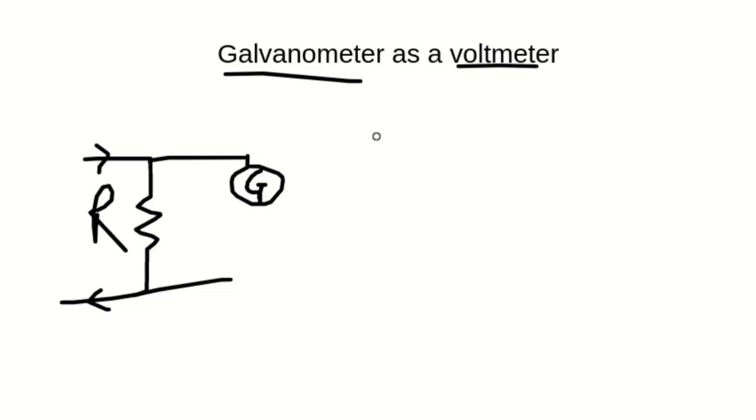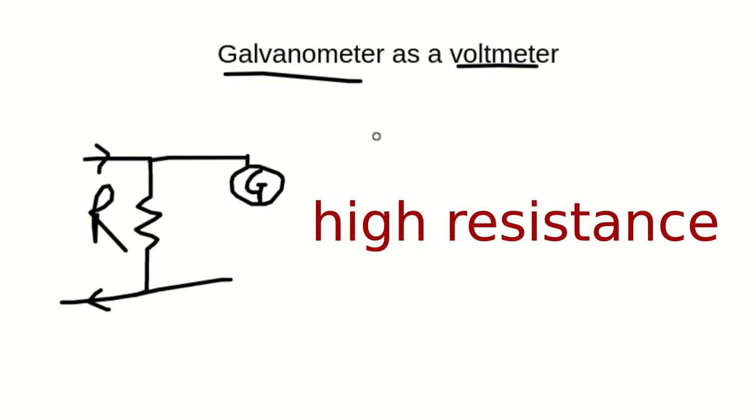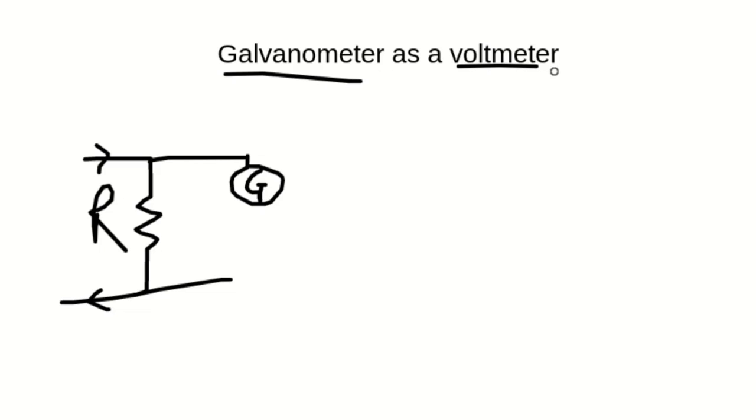Then the second point is the resistance should be as high as possible. Ideally, the resistance of voltmeter is infinite, because what the voltmeter does is it does not pass any current, it just measures the potential difference so that the accurate voltage can be measured, and that's why the resistance should be very high, or ideally we call it infinite resistance.